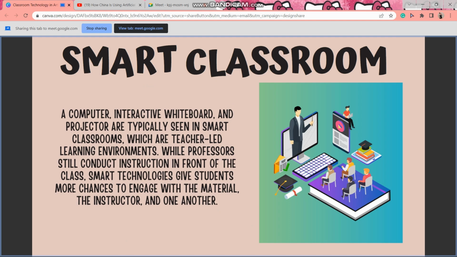First, smart classroom. A computer, interactive whiteboard, and projector are typically seen in smart classrooms, which are teacher-led learning environments. While professors still conduct instruction in front of the class, smart technologies give students more chances to engage with the material, the instructor, and one another.